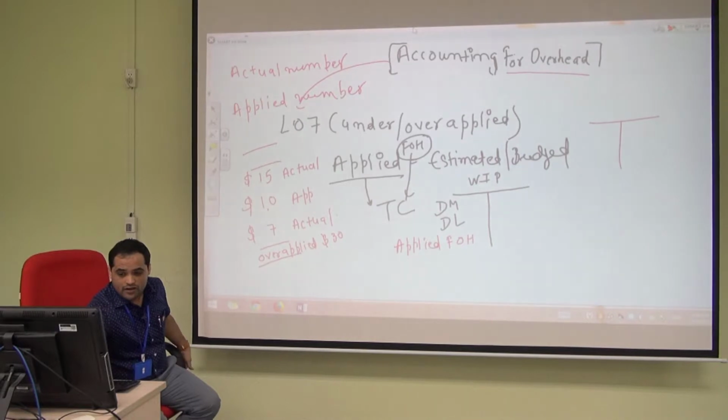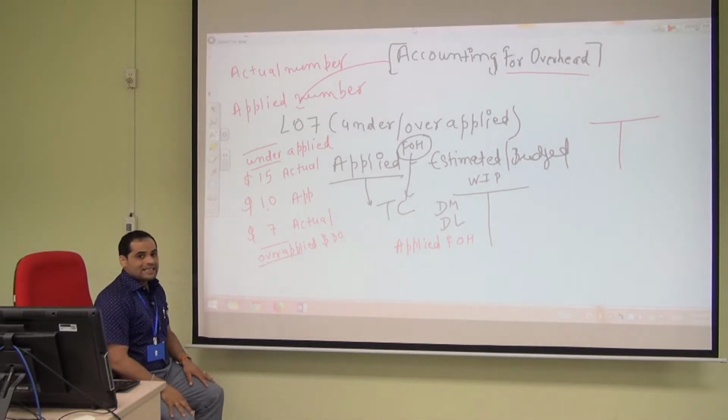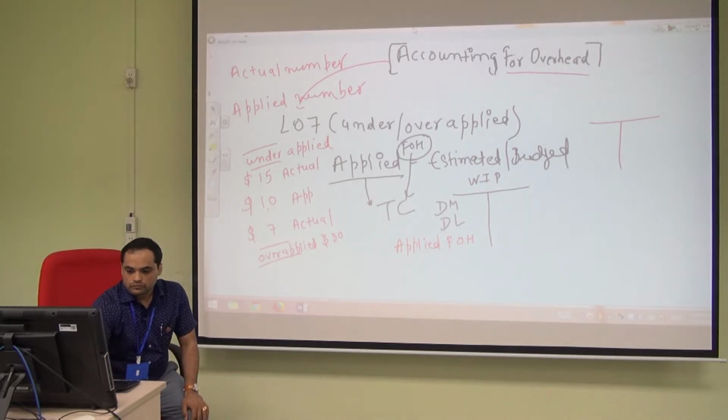So $5 is under applied. That is your under applied, and the earlier case is your over applied.